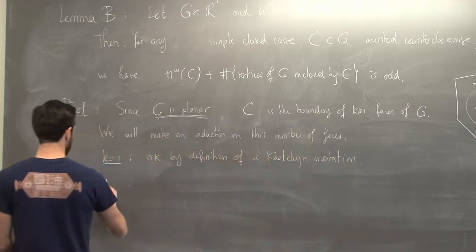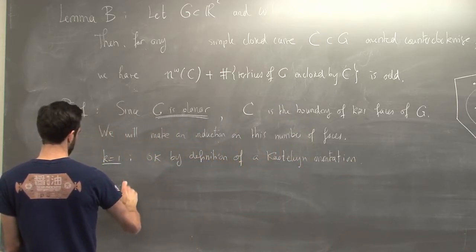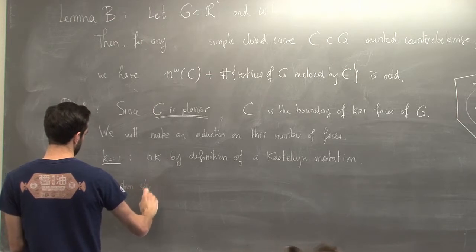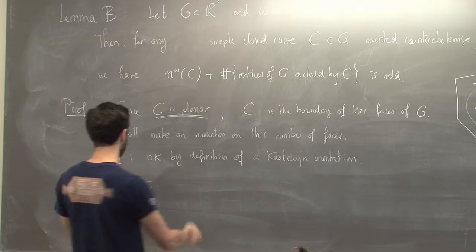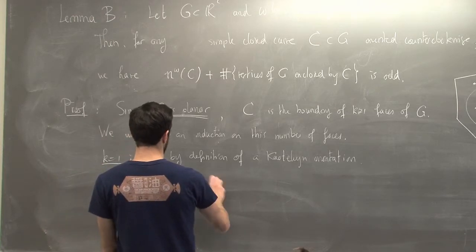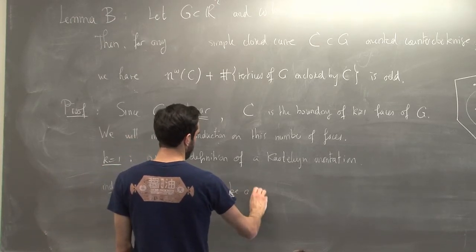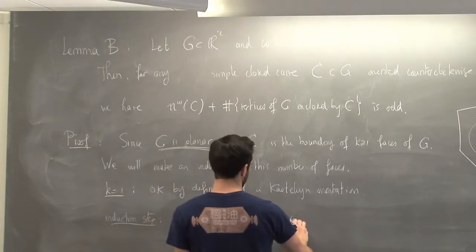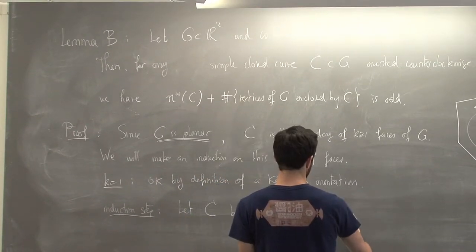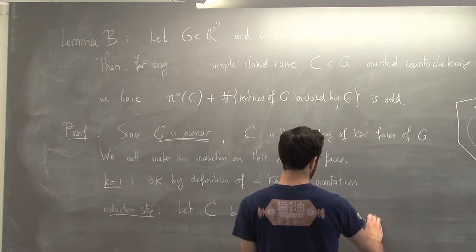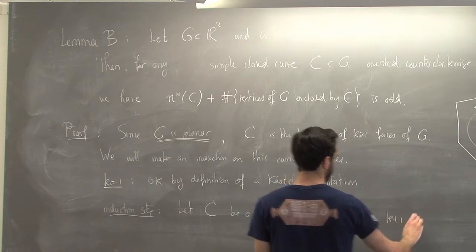Well, by Kasteleyn's condition, so a Kasteleyn orientation. Let's make the induction step. So let C be a simple closed curve bounding, say, k plus 1 faces.